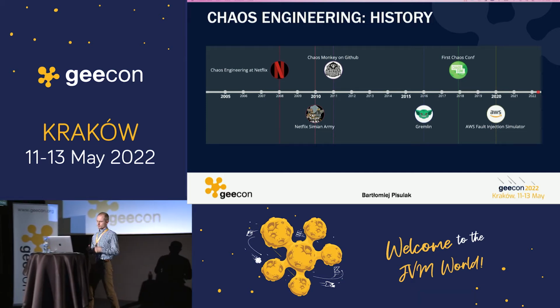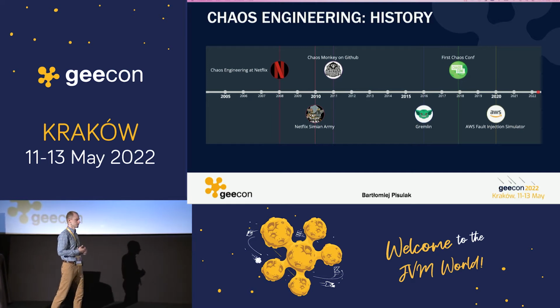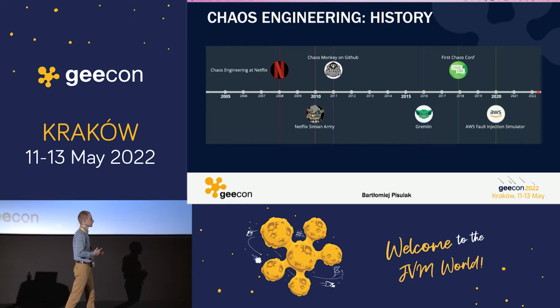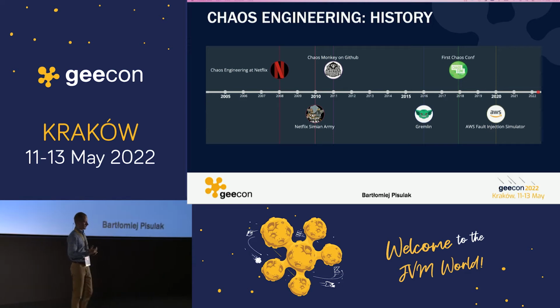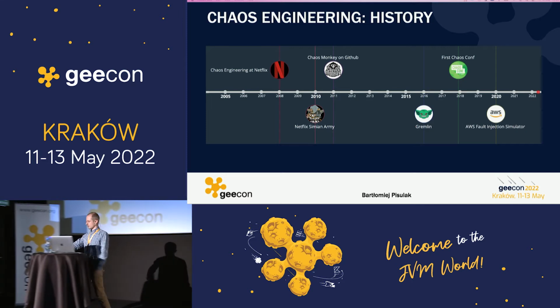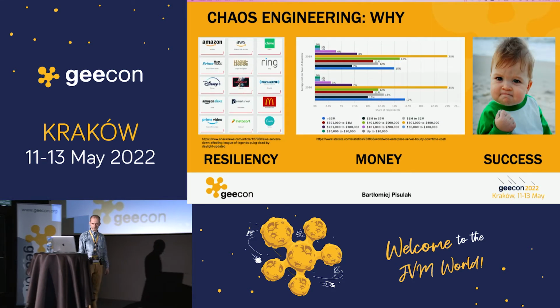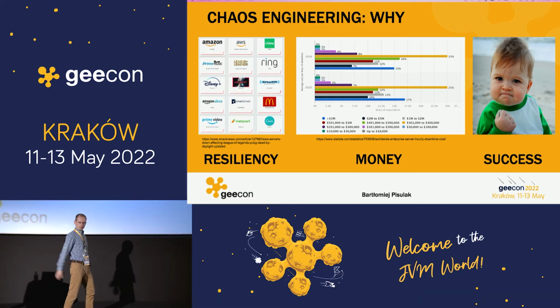And of course, I also put on this timeline AWS Fault Injection Simulator, because we are going to be talking about it. In 2020, AWS introduced this service to their cloud offering. So this is a very brief history of chaos engineering. And now, one of the purposes of this presentation that I mentioned is about why we should be doing chaos engineering.